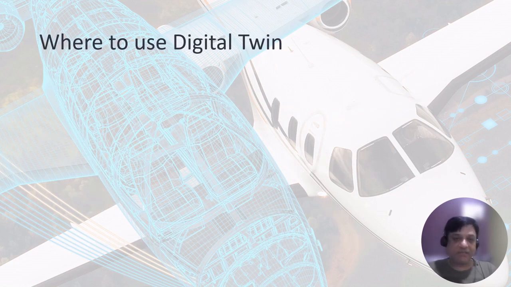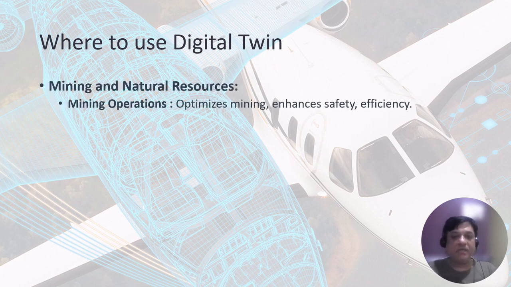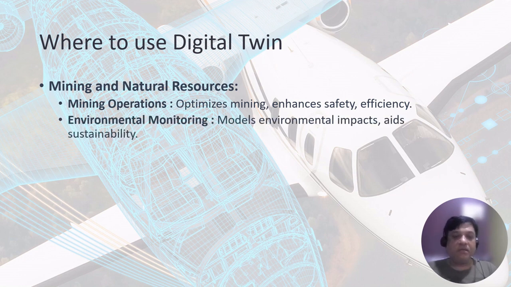The next is mining operations and natural resources. So mining operations, it optimizes mining operations, improves safety, and enhances resource extraction efficiency. Then comes environmental monitoring, where it models the environmental impact and helps in sustainable resource management.